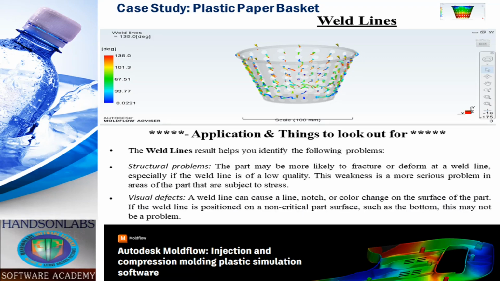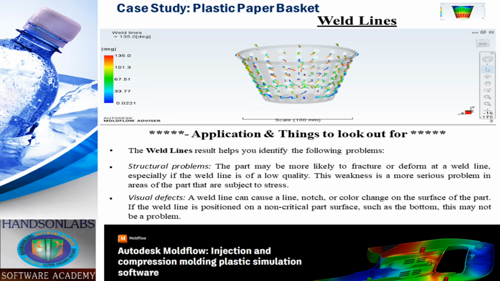We're still on the weld lines, applications and things to look out for. The weld lines result helps you identify the following problems. 1. Structural problems. The part may be more likely to fracture or to deform at the weld line, especially if the weld line is of low quality. This weakness is a more serious problem in areas of the part that are subject to stress.